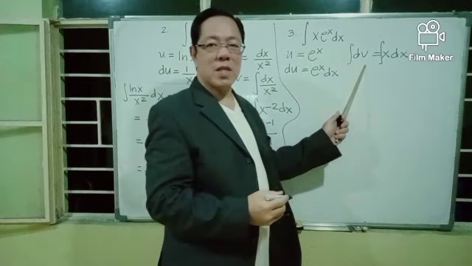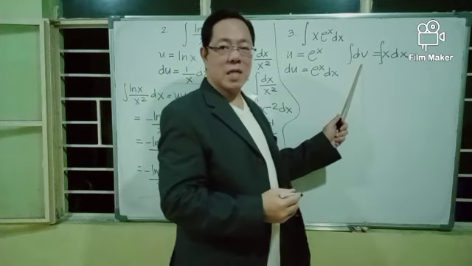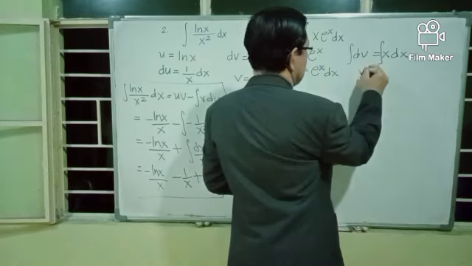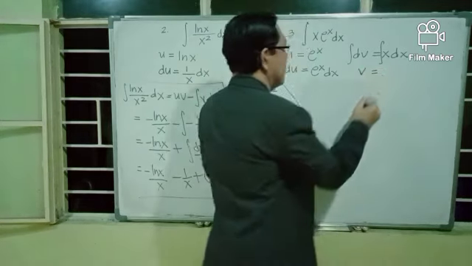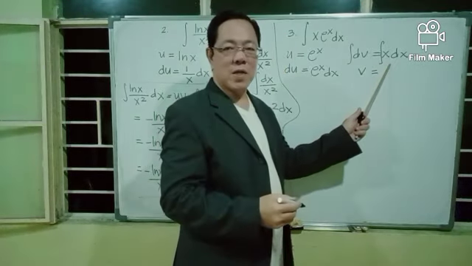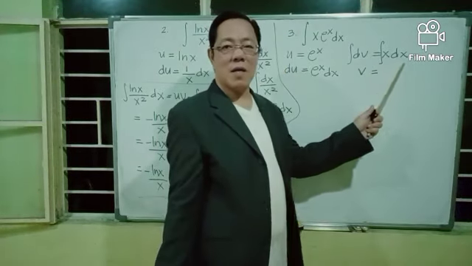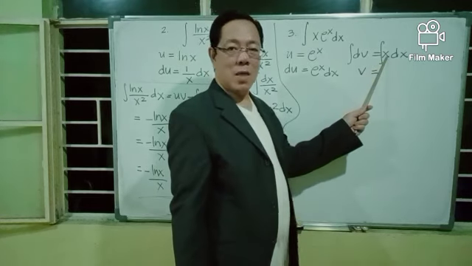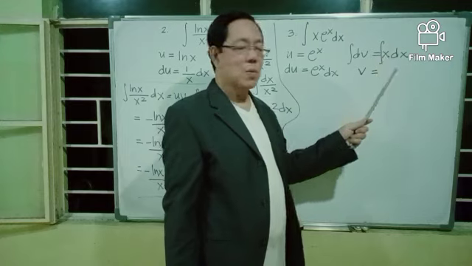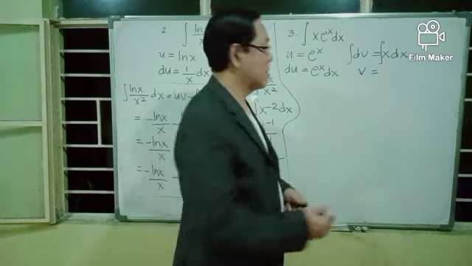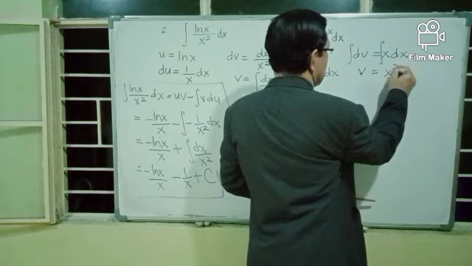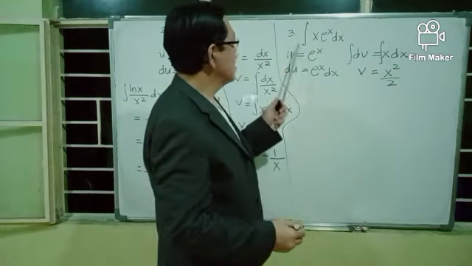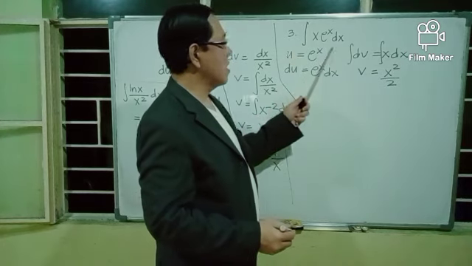The left-hand side we integrate with respect to v, and the integral of dv is v. For the right-hand side, the integral of x dx, we apply the power rule. The exponent of x here is 1. Plus 1 is 2. We get x squared divided by 2.